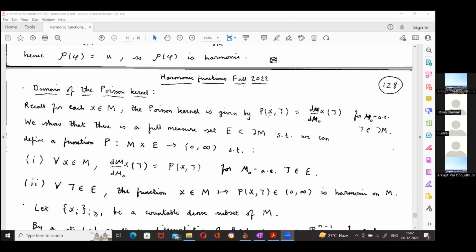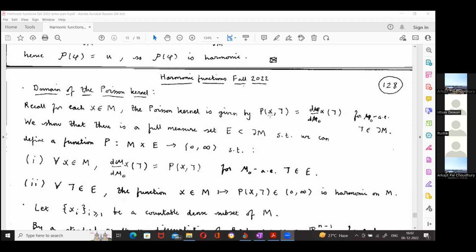If x was ranging over a countable set, then for each x, you have some full measure set in xi. You take the intersection of those full measure sets. A countable intersection of full measure sets is also full measure, so you'll get a full measure set which works for all x.